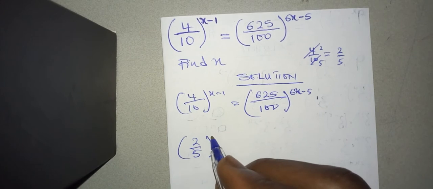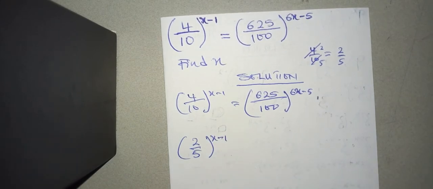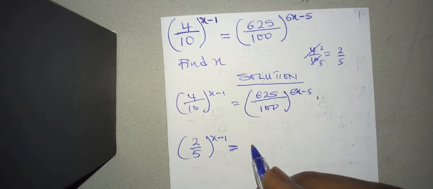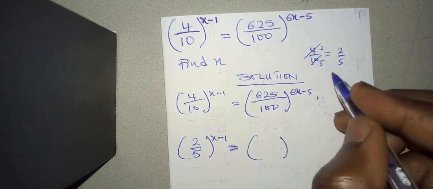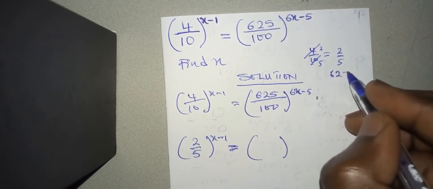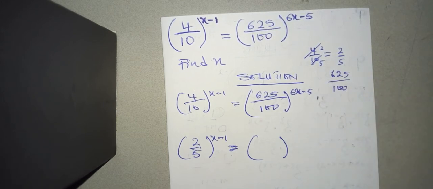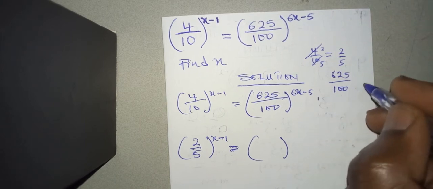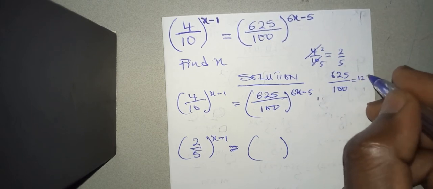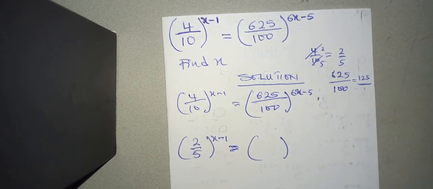Then I'll put my powers there equals, let's see, 625/100. Let's see, 625 divided by 5. Yes, so this can be written as 125 over 100 divided by 5, you have 20.